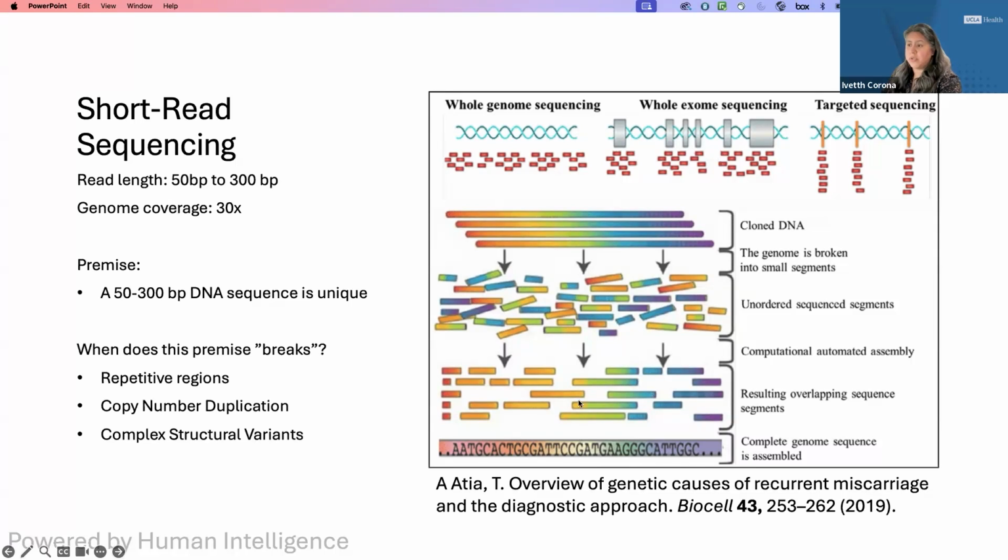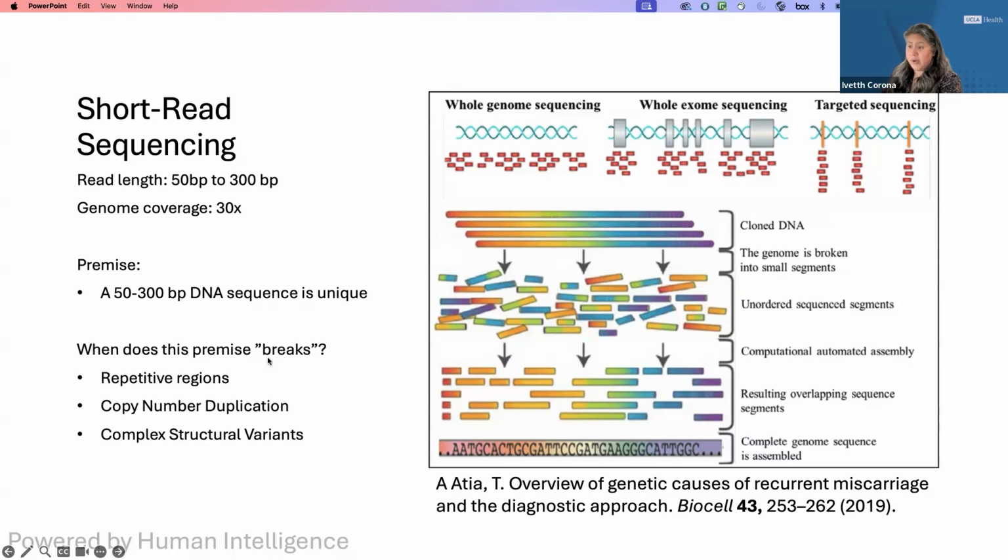That's what we usually do. The premise is that a 50 base pair fragment or a 300 base pair fragment of DNA is unique, and that you can align it to a reference genome in a specific position.